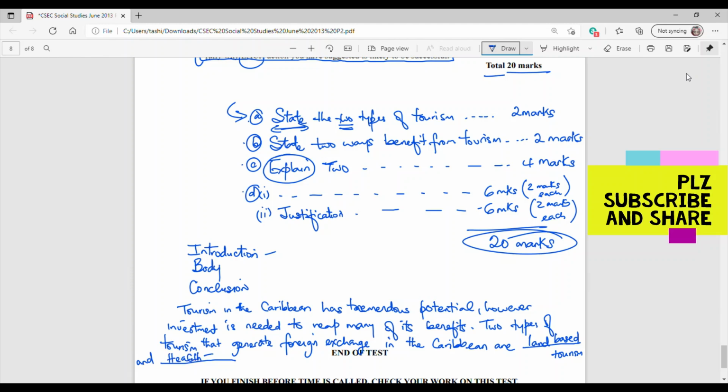So it doesn't have to be these two that you put either. It can be land-based tourism, ecotourism, sports tourism. So we can just choose, right? So two types of tourism that generate foreign exchange in the Caribbean are land-based tourism and health tourism. So we would have answered the first task that they had given us here, that is letter A.